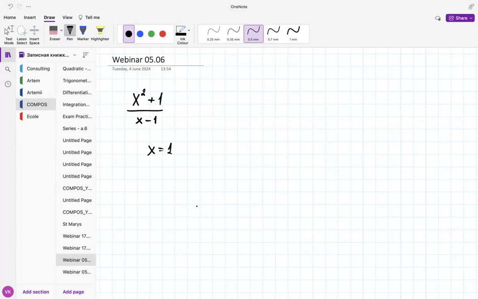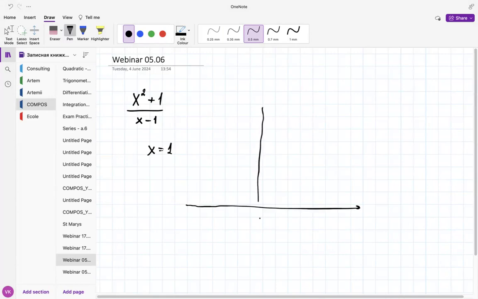Okay, so let me try and sketch it. Sorry for the picture, it might not be very perfect, but we'll try our best here. So this would be my vertical asymptote. It passes through the point 1 on the x-axis.